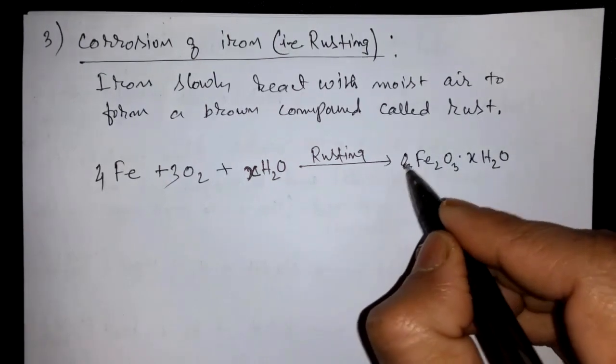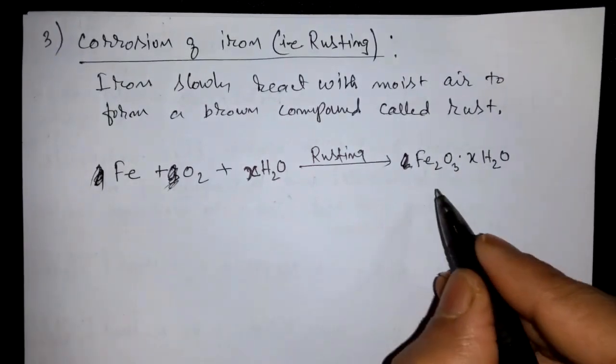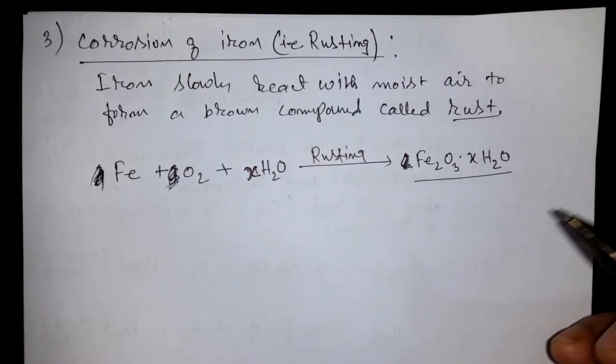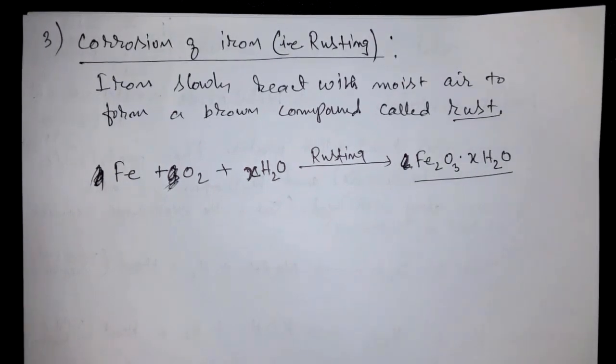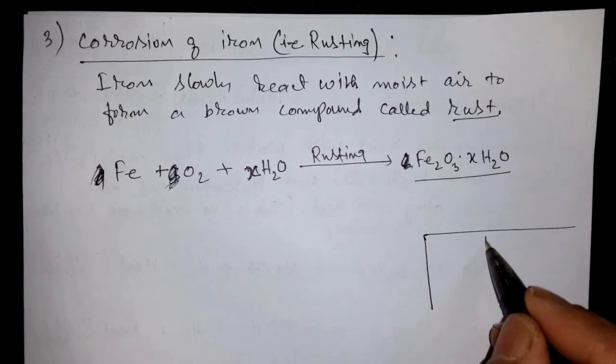If you don't do balancing, since it is not in the textbook, balancing is not important. Now, what is the name of this compound? This compound is called rust. But if you're thinking what is the chemical name of rust, for that you should know iron.